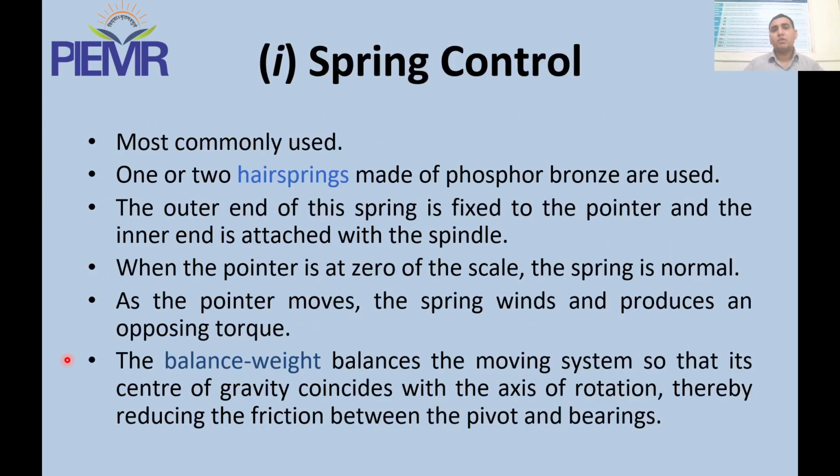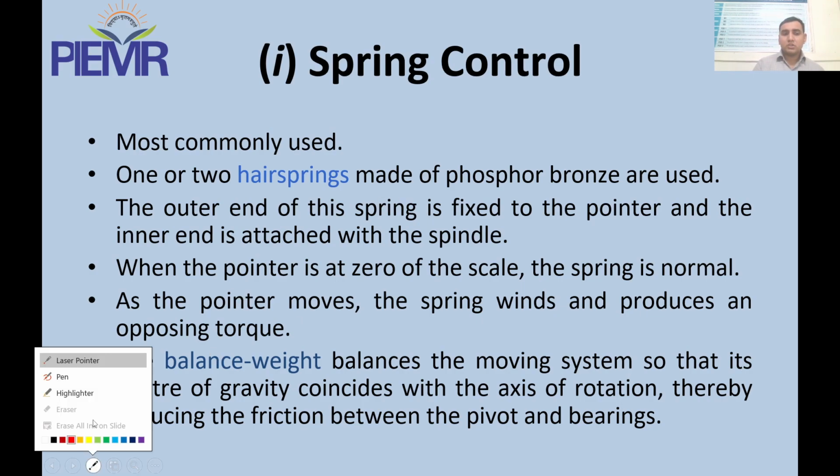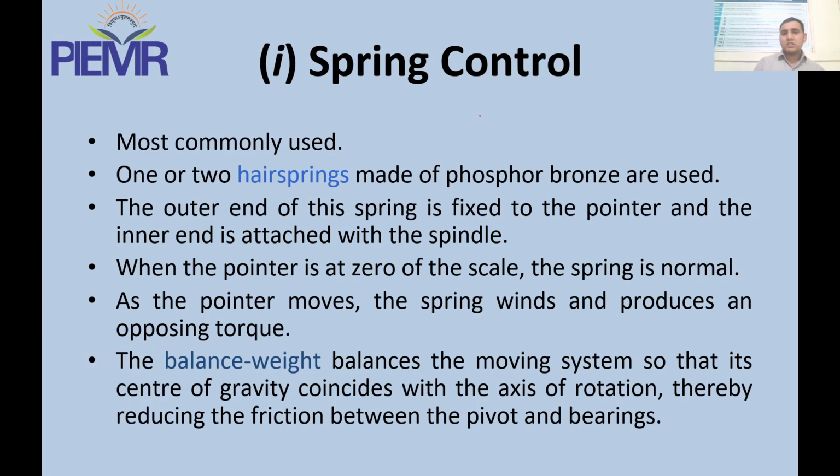Talking about spring control first, this is the most commonly used control, used in PMMC meters and also in MI meters, moving iron instruments. It works on the basic function of a spring: a spring fixed on one part, and when it is forced to expand in one particular direction, it expands.